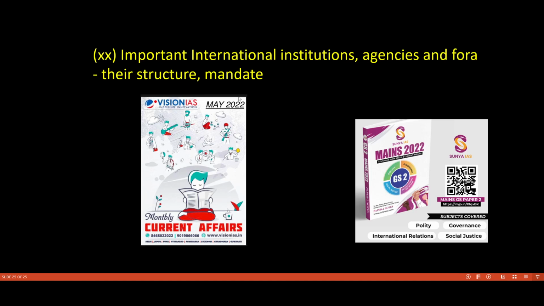But for one question, you won't be searching all the commissions of the UN. You will always rely on the current affairs that are happening, and do prepare the UN, IMF, World Bank, and from the climate sector you can prepare UNFCCC. These kinds of institutions that are regularly in the news have to be prepared.